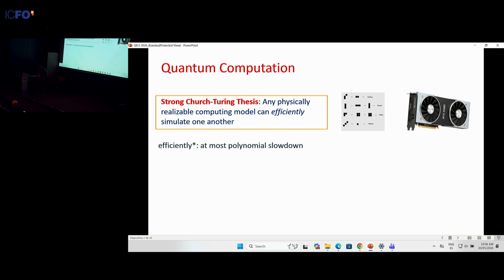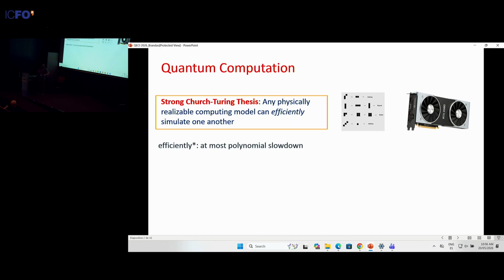All right. So why are we interested in quantum computation? Well, first, there is this old thesis in computing, the strong Church-Turing thesis, which says the following: any physically realizable computing model can efficiently simulate one another. What does efficiently mean? Maybe with your cell phone you want to do something that a universal Turing machine would do.